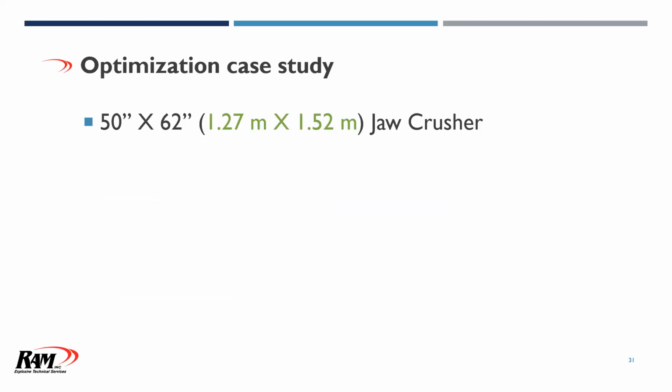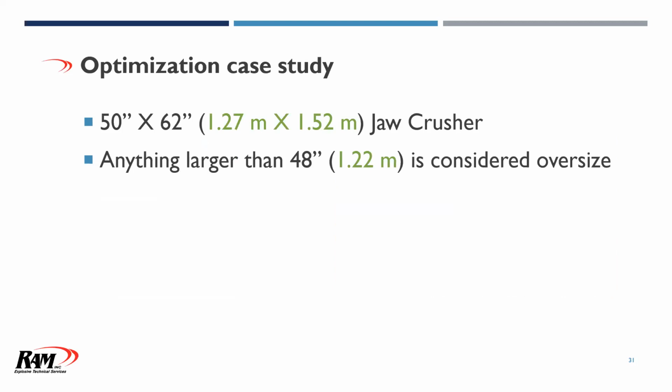The jaw crusher was a 50 by 62, so a 127 meter by 152, and they could take anything larger than about 48 inches or 1.22 meters was considered oversized.